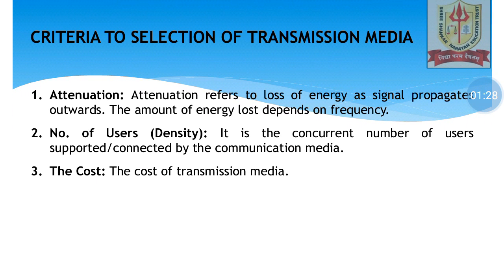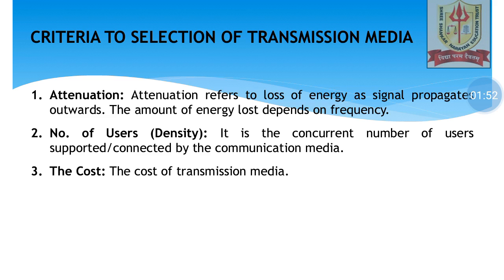Now, which are the criteria for selecting a transmission medium? Firstly, attenuation should be low. What do we mean by attenuation? Attenuation refers to loss of energy as a signal propagates from one host to another, or from one device to another. So attenuation is nothing but loss of energy.